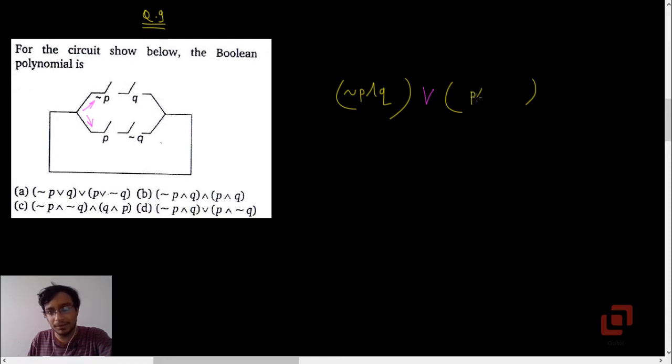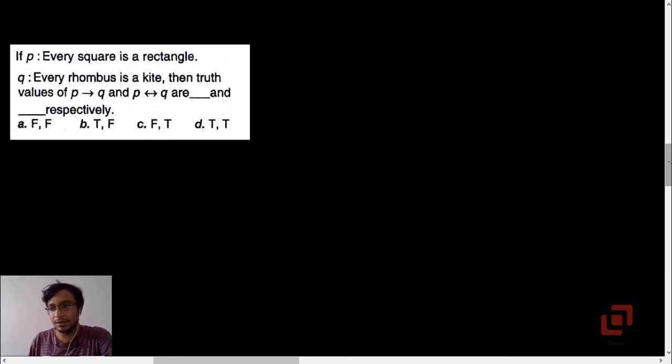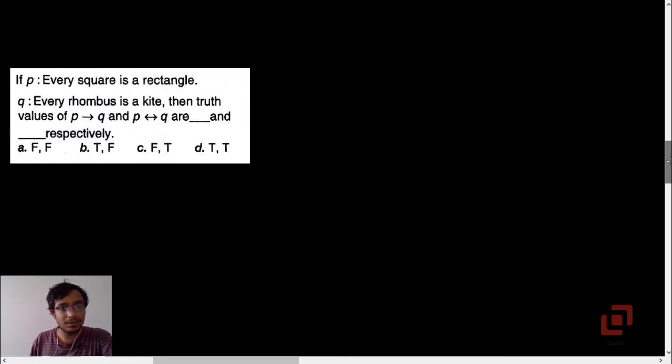P and negation Q. Yes, so it is negation P and Q, or P and negation Q. I think it is option D, right? A very simple MCQ. Alright, that was 9th. Let's go to 10th.